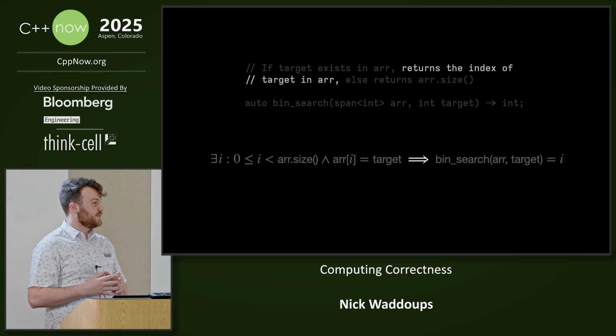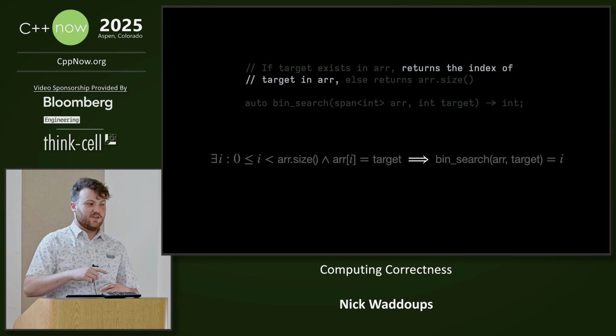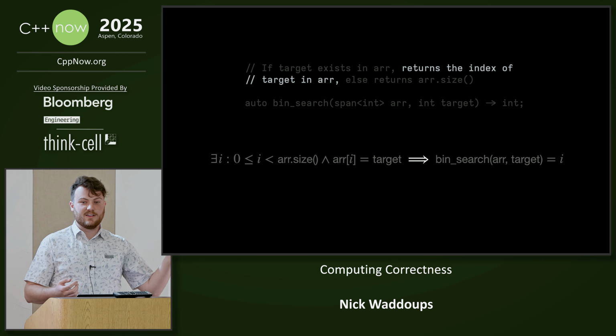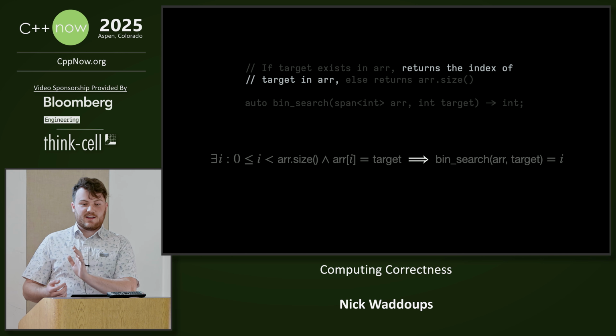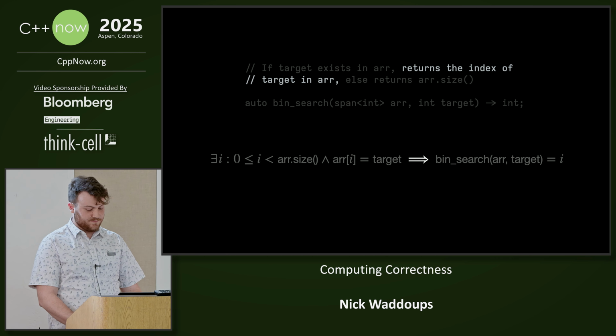Although Earth is weird, so sometimes it still does. But we can't say anything the other way. We can't say if the sky is not clear, then it is raining, because that doesn't necessarily have to be true if it's just a cloudy day. So that's what this implication operator does: it's a one-way check to say, if the left side is true, then let's see what the right side evaluates to.